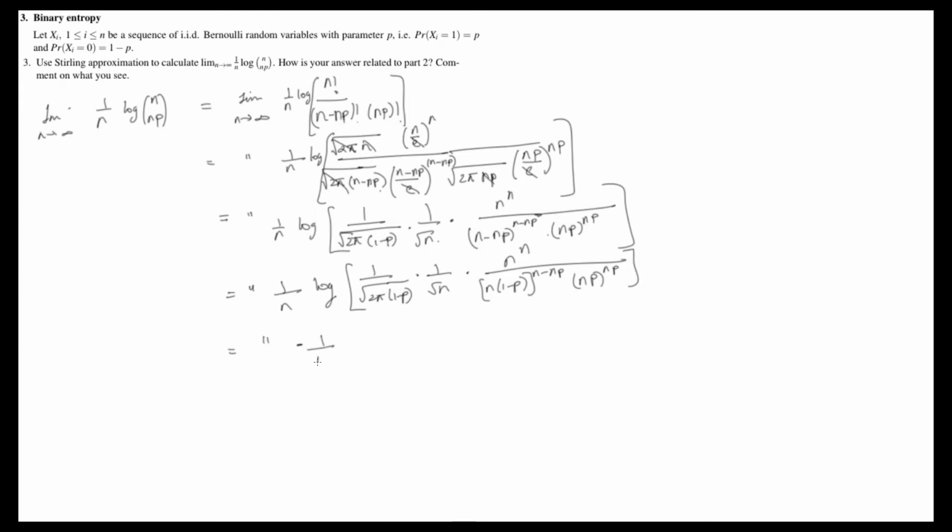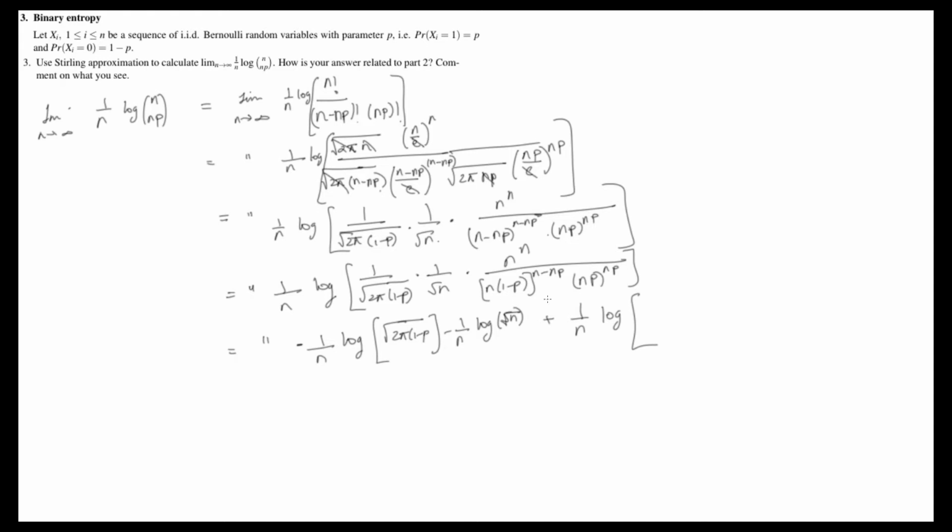I'm going to take a negative 1 out and say this is log of root 2 pi times 1 minus p, minus 1 over n log of root n. Now I'm going to keep the remainder as plus log.